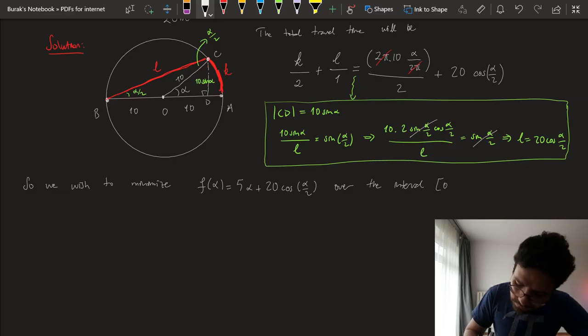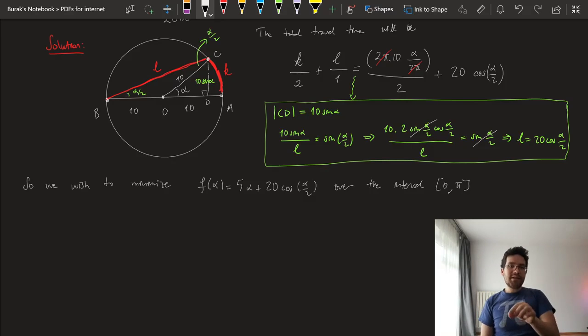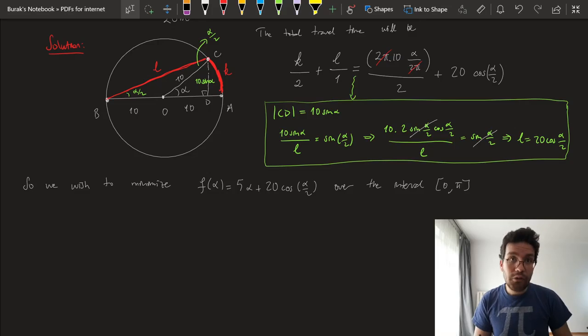Well, the interval is 0 to pi because in this case it is possible that maybe the optimal route is obtained by him directly swimming, in which case alpha would be 0. Or maybe the optimal route is obtained by him running all the way, in which case alpha would be pi. So now I have a closed interval.